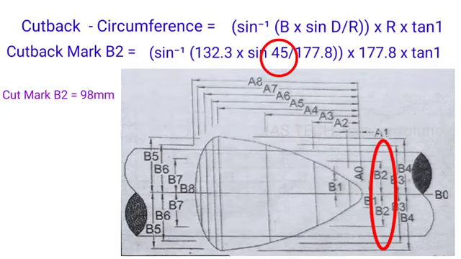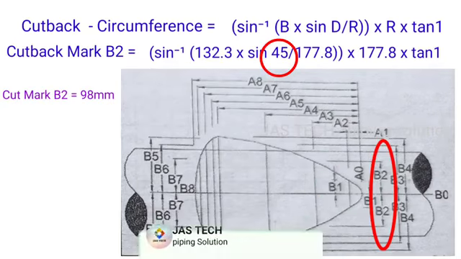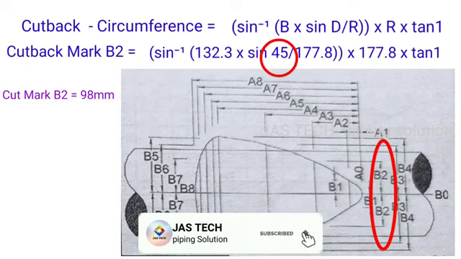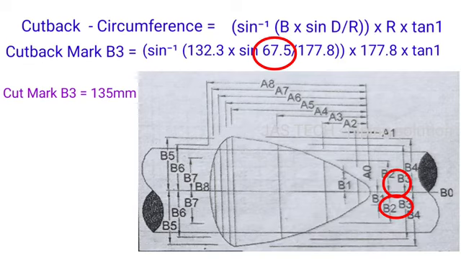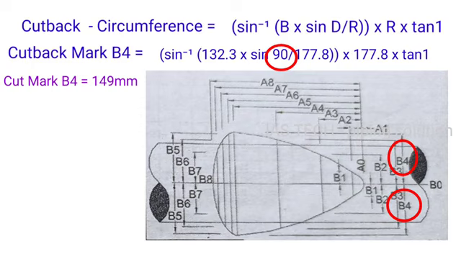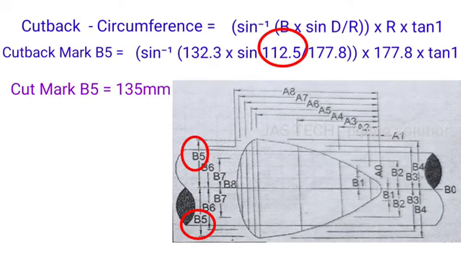Next one, cutback mark B2. Only change the D value, D 45. So the answer is 98 mm. Cutback mark B3, the D value 67.5. So the answer is 135 mm. Cutback B4 mark, the D value 90. So the answer is 149 mm. Cut mark B5, the D value 112.5.